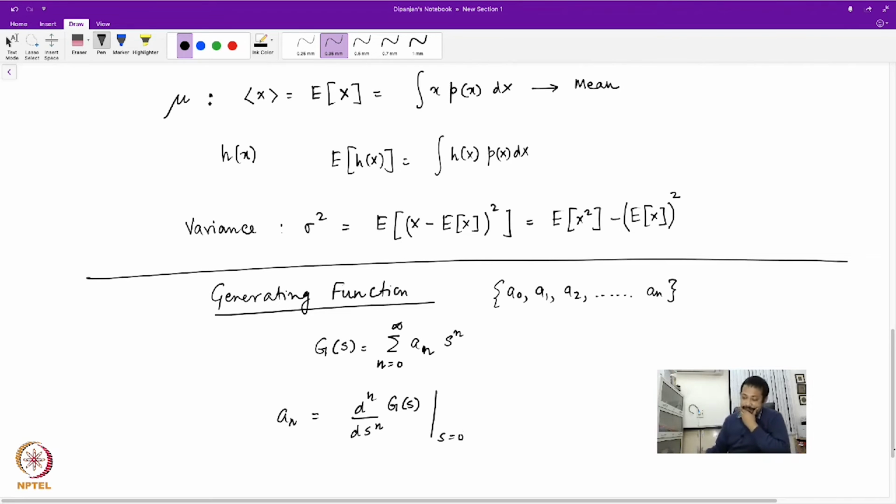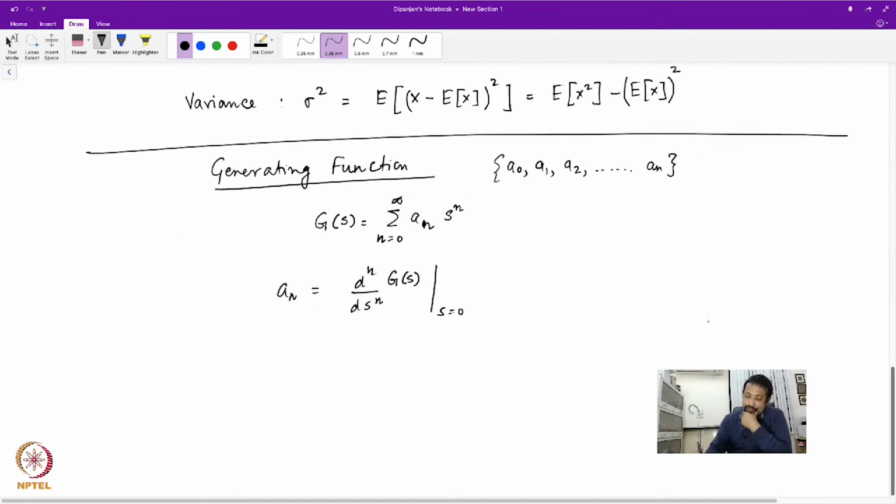Now recall, with this in hand, this sequence A0, A1, A2 is very similar to our discrete probability distributions, where we had P1, P2, Pn for the outcomes. For example, if you're looking at rolling a die, then you have the probability of getting 1, P1, the probability of getting the number 2, P2, P3, P4, P5, and P6 if it's a 6-faced die.